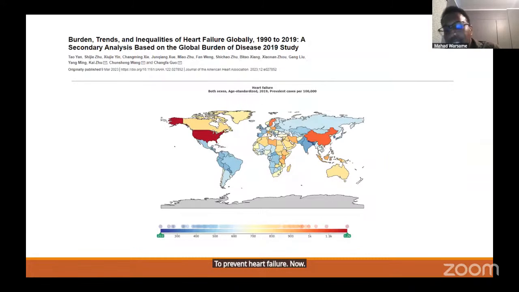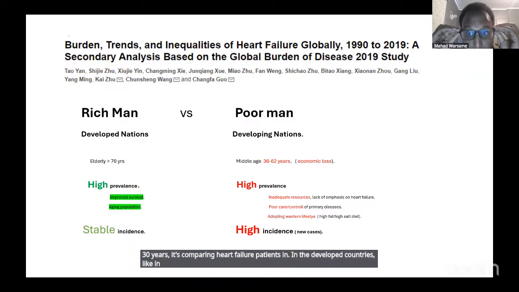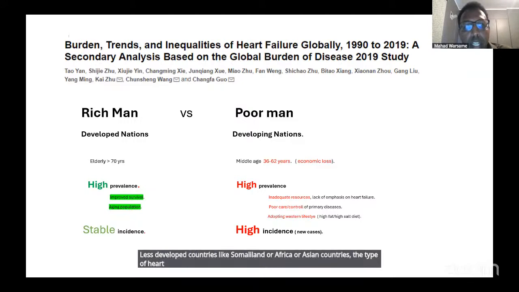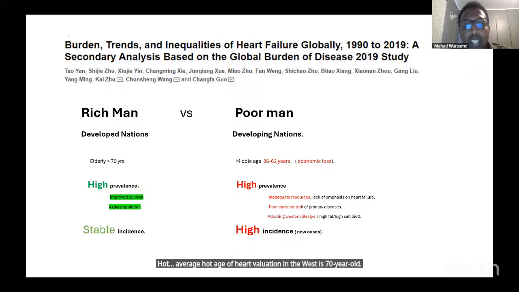Now, this is an article over 30 years, comparing heart failure patients in the developed countries like the USA, Norway, Sweden, UK, to less developed countries like Somaliland or Africa or Asian countries. The average age of a heart failure patient in the West is 70 years old.